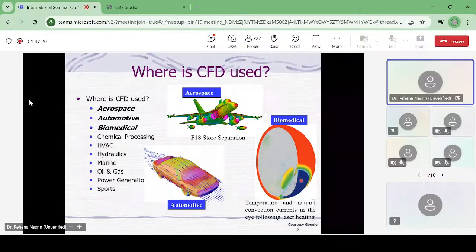By the geometry, and this is, you can see the automotive, when the vehicle goes forward, then the flow dynamics over and beside this automobile, you can see in this image.